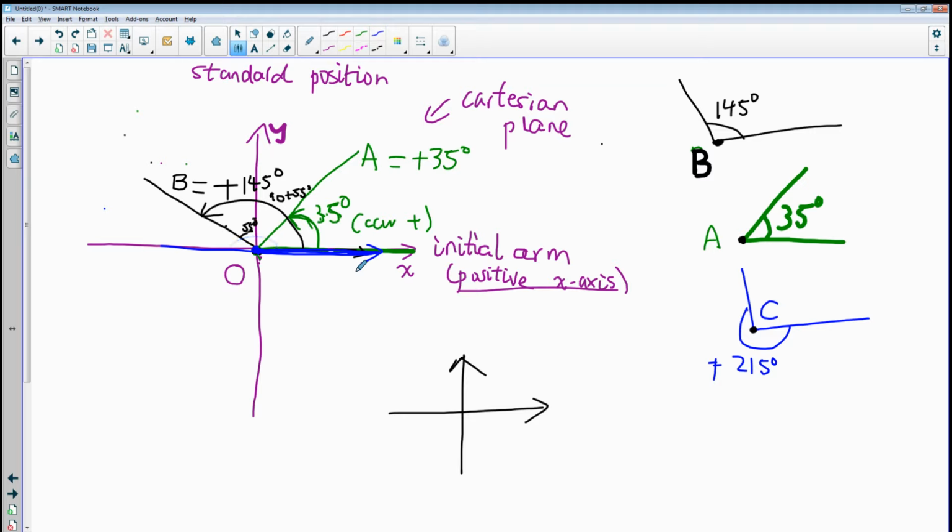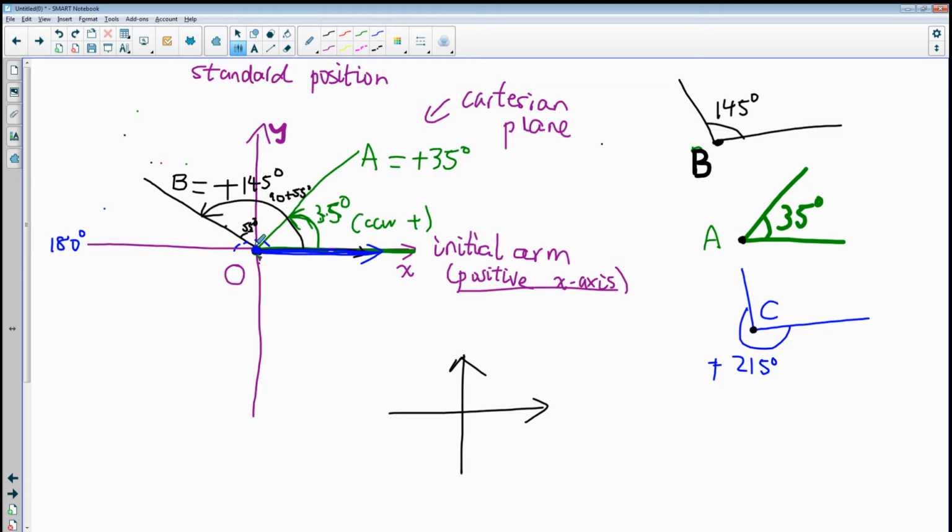So I'm going to do the tiny dot thing again. That's 180 degrees. So you can think of this line as 180 degrees. How much do we need to add to get 215?